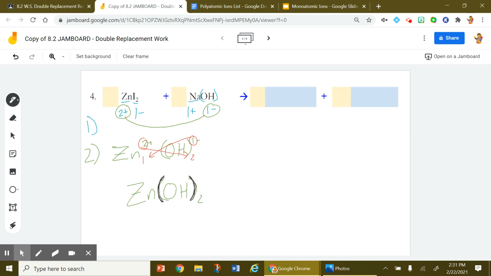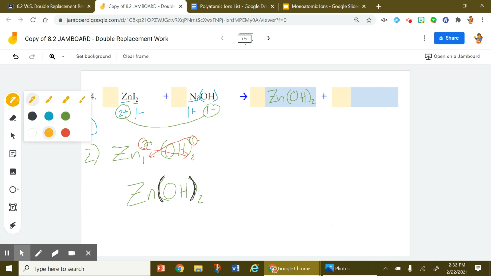They signify that we have 2 OHs. We don't just have 2 H's. We have an OH, and then we have a whole other OH. So the formula here is Zn(OH)2. That is our first new compound. We combined the zinc from one compound with the hydroxide of the other compound to make zinc hydroxide.